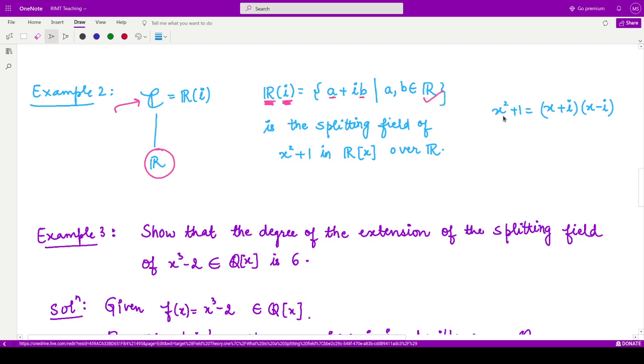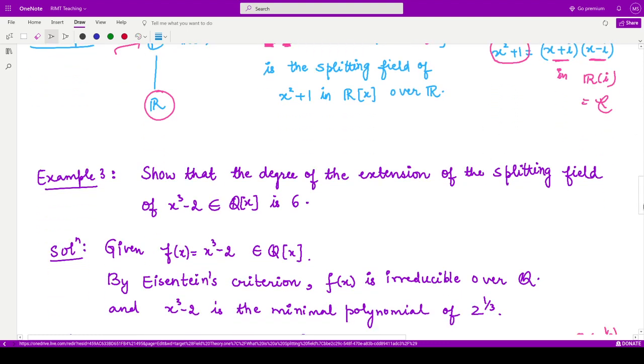If you see this polynomial x square plus 1, you can split this into linear factors, and these linear factors have coefficients in the extended field R(i), which is the field of complex numbers. So let us now move on to the third example.